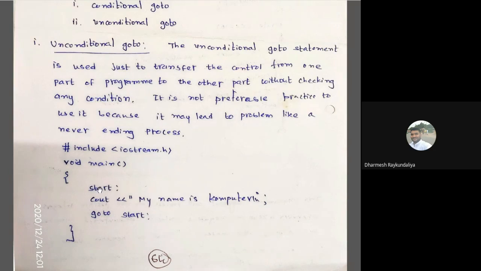So again you will print this, and again you wish to transfer your control to where the start label is given here. This is a semicolon and this is a colon; after a label there should be a colon. So likewise this program will keep running and running and running. It is a never ending process.